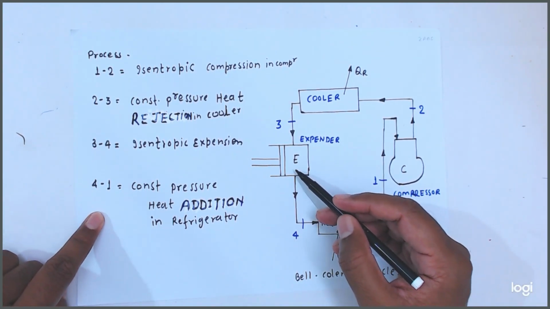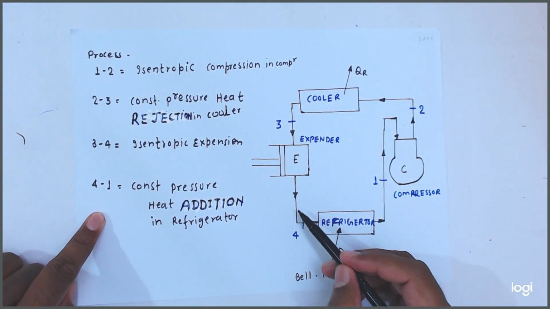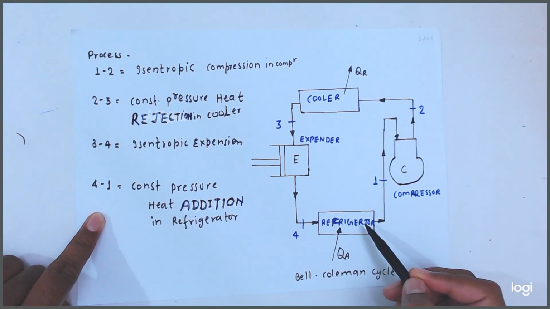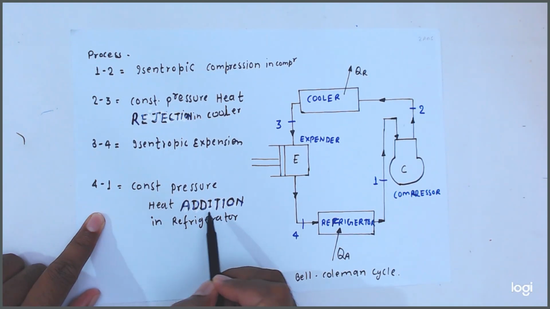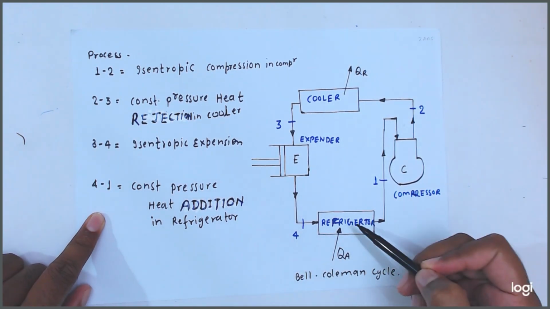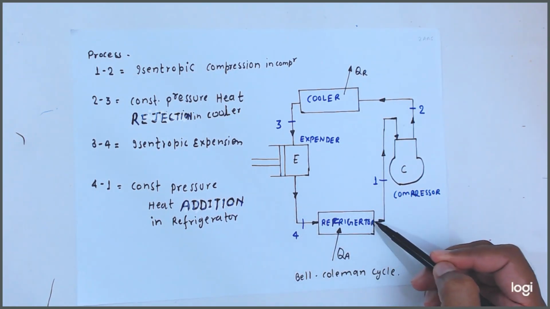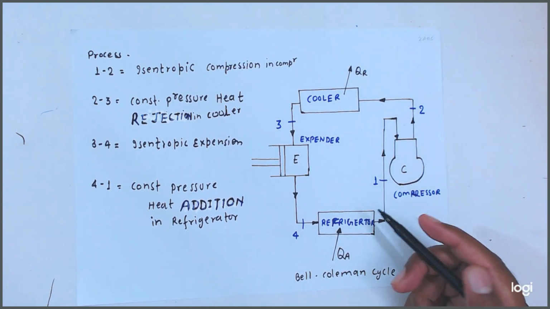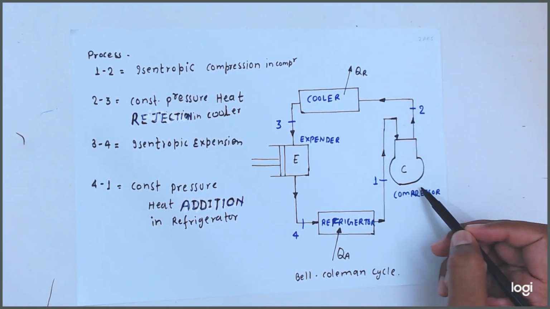So it is ready to absorb the heat from the refrigerator. Process 4 to 1 is constant pressure heat addition in the refrigerator, because the cool air coming from the expander passes to the refrigerator, absorbs the heat from the refrigerator and again passes through the compressor.